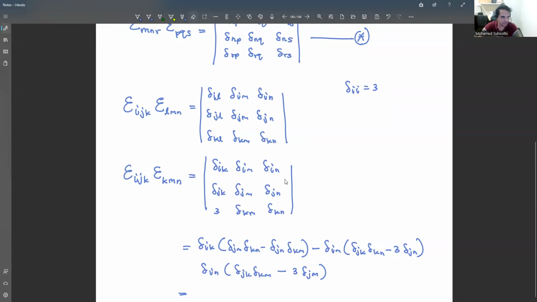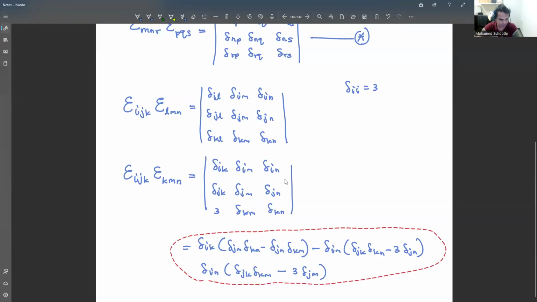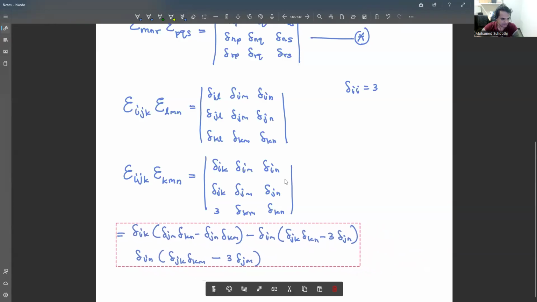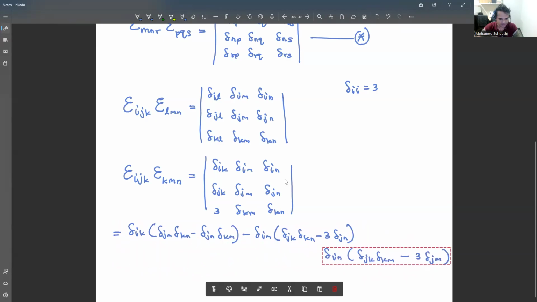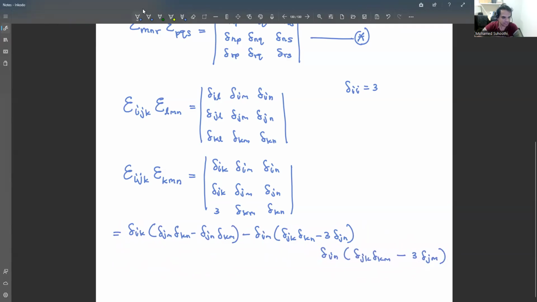I need more space rather than moving to the next page, because this is a bit complicated simplification, so I will write it here. Plus.